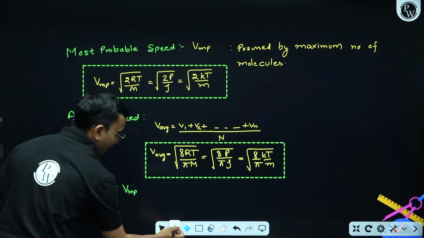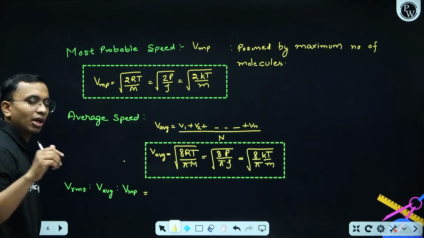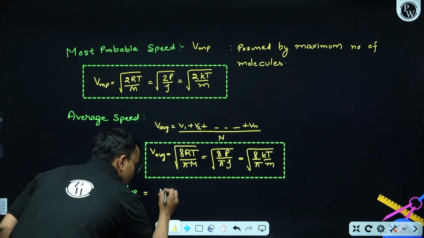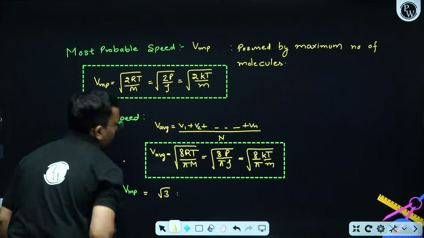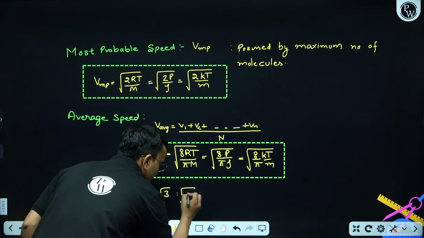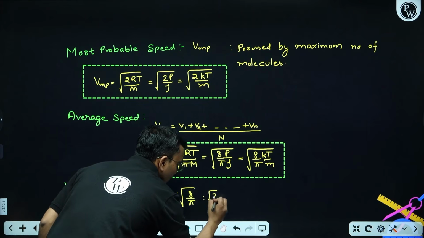So what is that ratio? RMS was root of 3RT by m. Anyways, RT by m is common throughout. So that is root 3, then for the most probable it is root 2, and for average we are having root of 8 by pi.